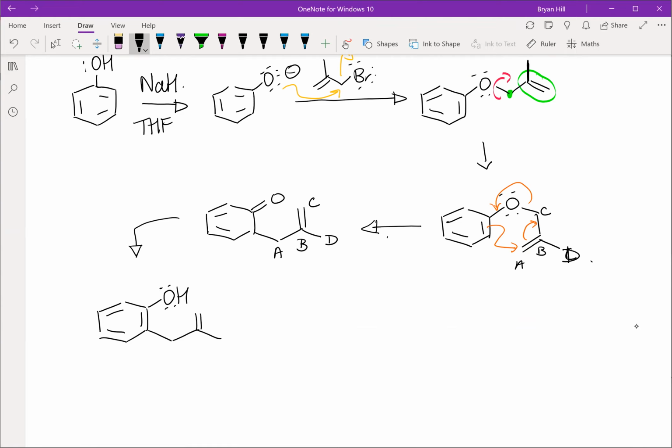Then there's all sorts of wonderful things you could do with this compound here. So remember, it's this little proton here, which I hadn't drawn, this proton ends up here.